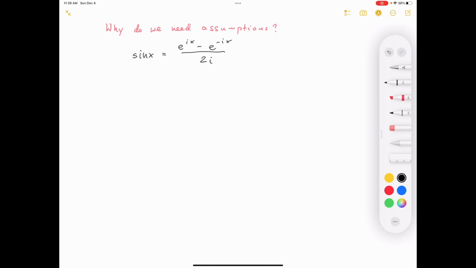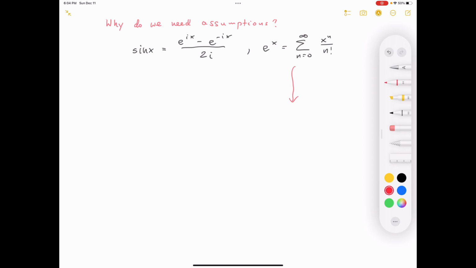The exponential function, on the other hand, is defined via Maclaurin series as the sum from n equals 0 to infinity of x to the n divided by n factorial. From this, one can show that the derivative of e to the x is equal to itself.